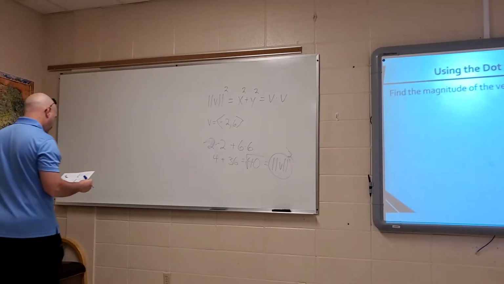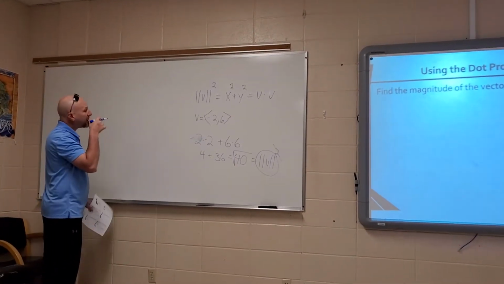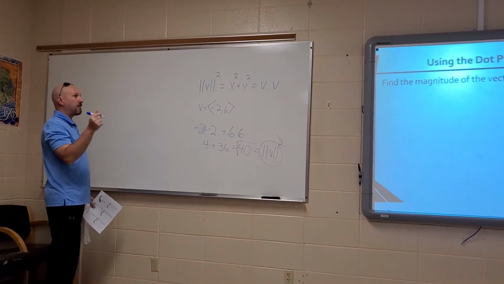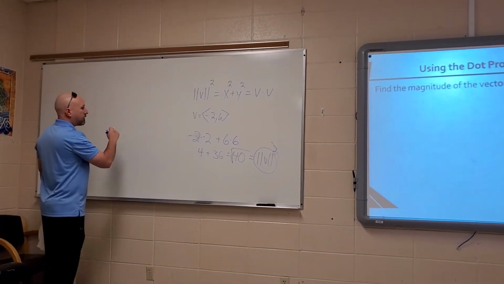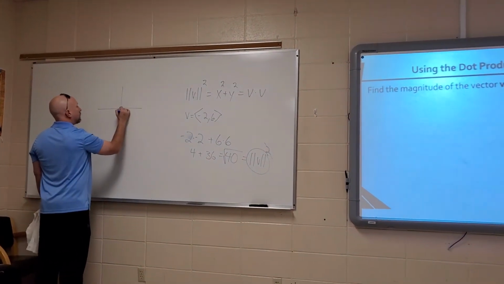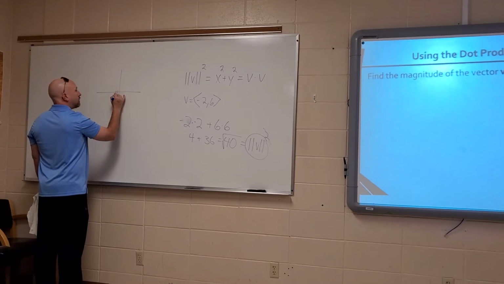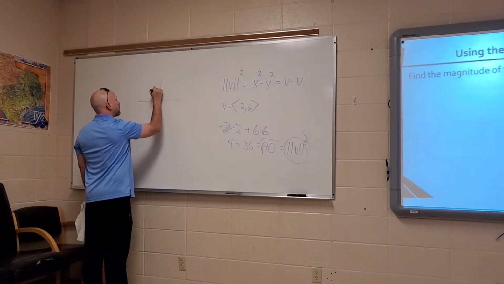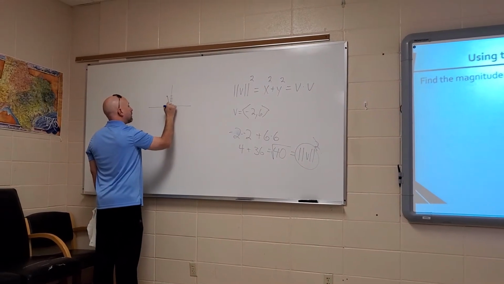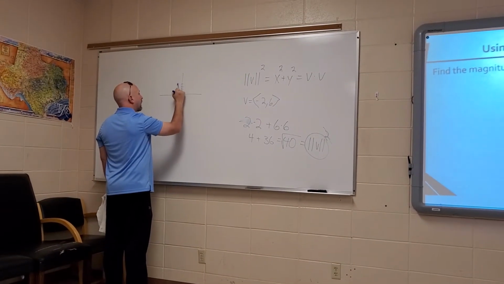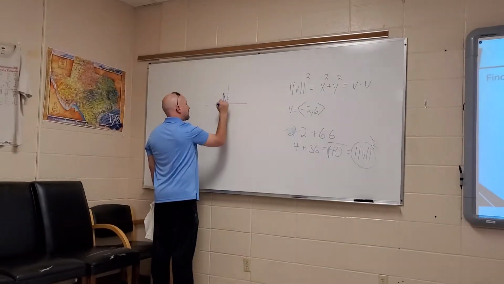Okay? So let's do the magnitude the way we did it before. If we have a vector negative 2, 6, you get this right triangle. This is 2, 6.